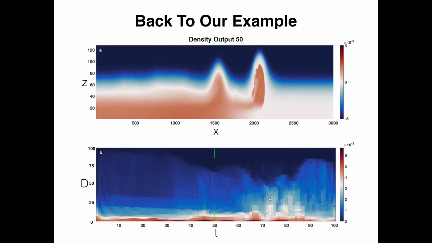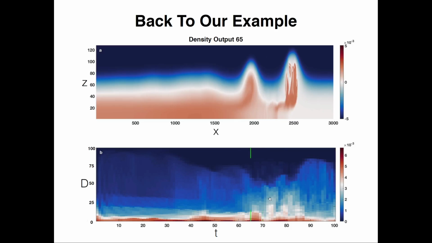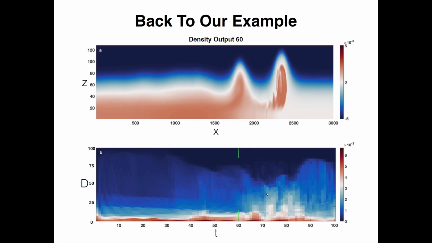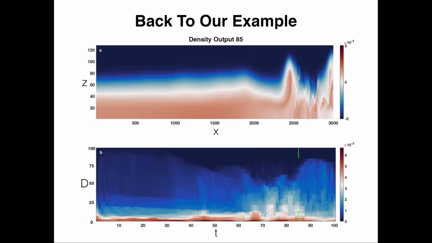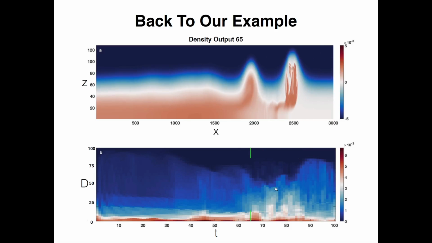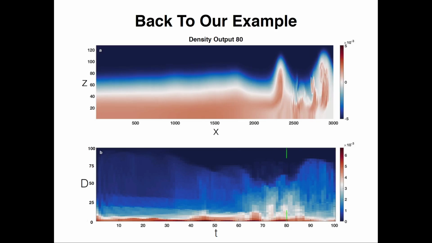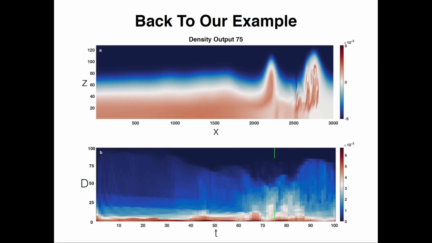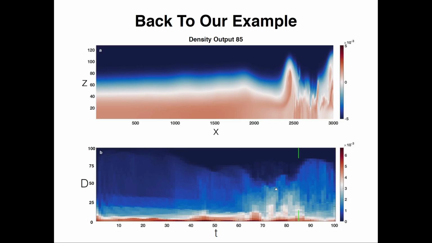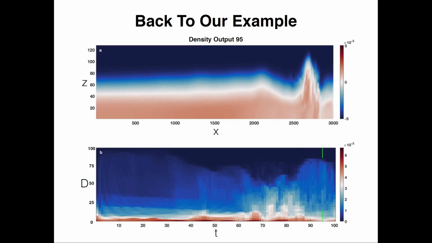So instead of visualizing the whole thing, I'm just going to pick 65 and 75 and 85 and see what's going on. And if you did that, you'd get this, this, and this. And you'd have a really good idea of what was happening without having to analyze the visualization of the entire model output, which is very important. Okay, so this is a big time savings for us.